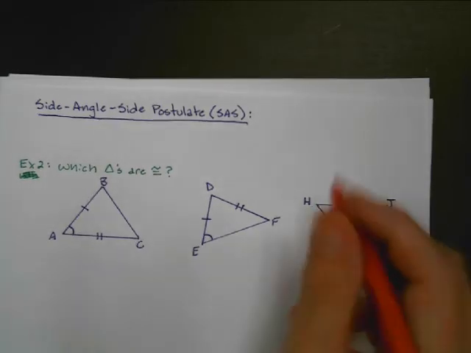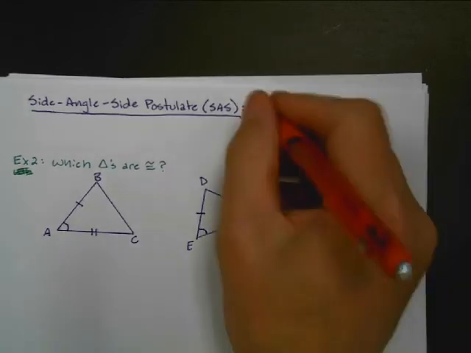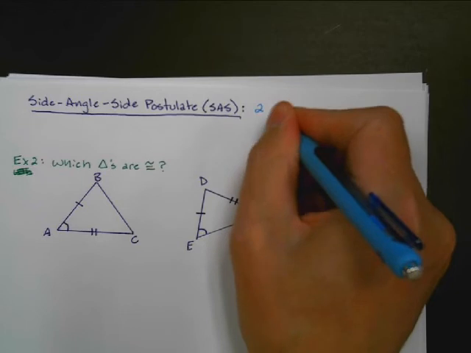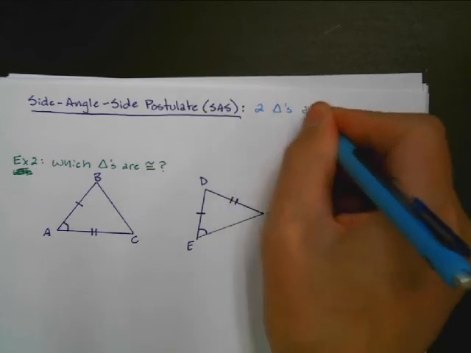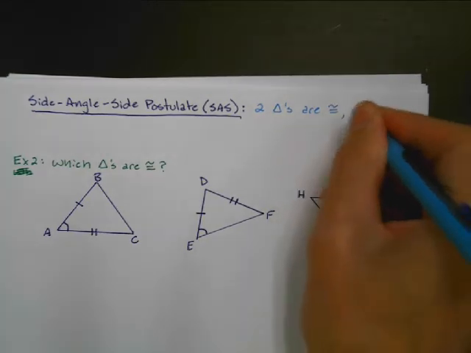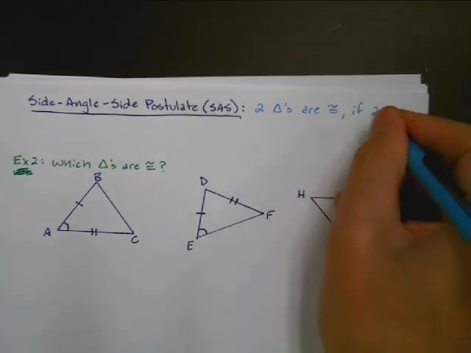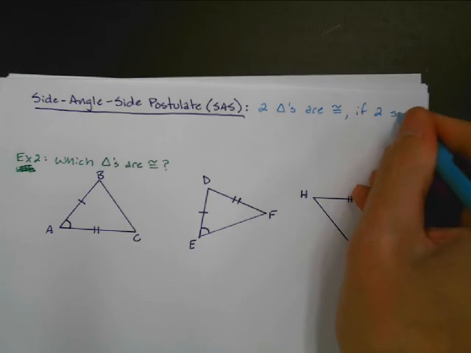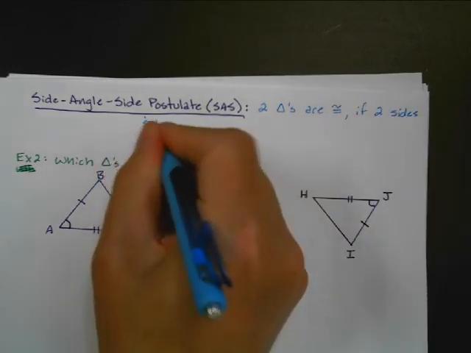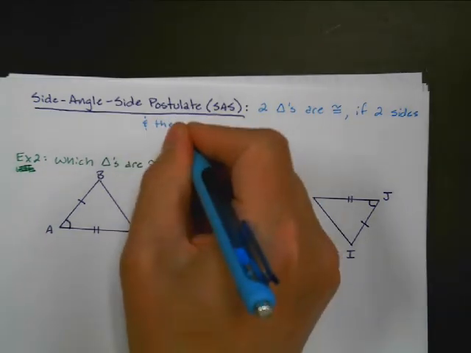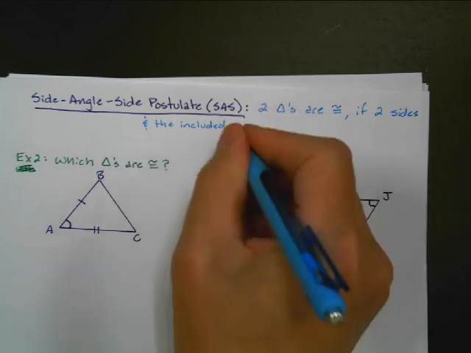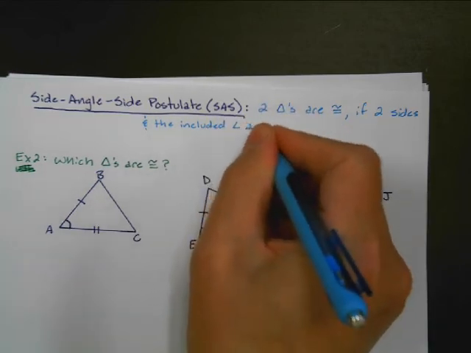It says two triangles are congruent if two sides and the included angle are congruent.